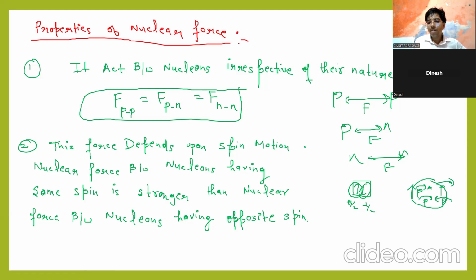The concept is about the spin of protons. If an objective question asks, two protons having the same spin and two protons having opposite spin, in which case is nuclear force more? That is the same spin.